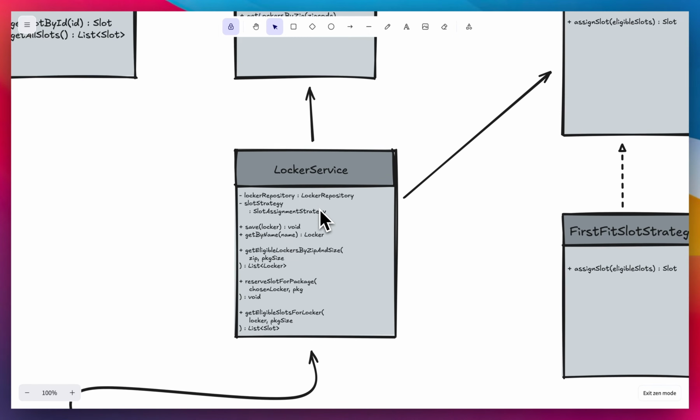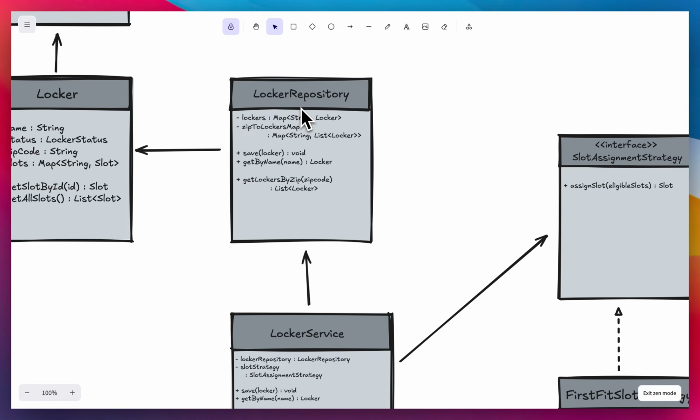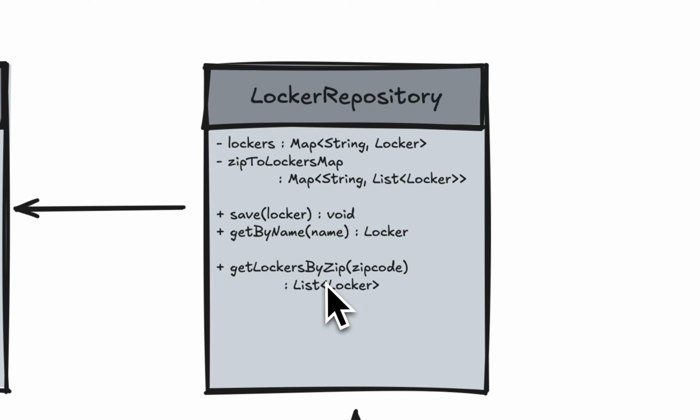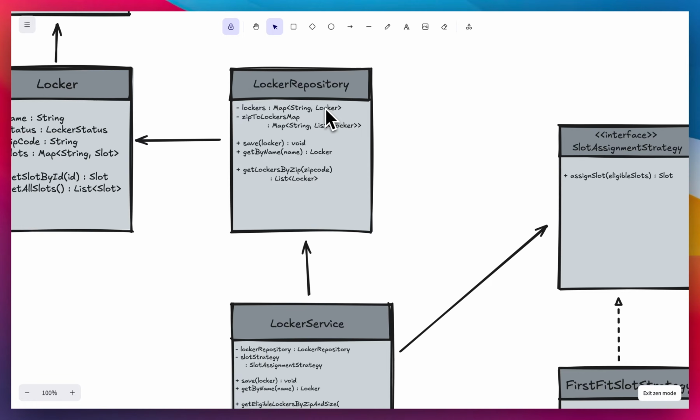It will interact with the repository layer in order to get all the lockers which are present in this zip code. All the lockers are stored in this hash map, wherein the key is the locker name, because each and every locker has a unique name, and the value is the locker object.